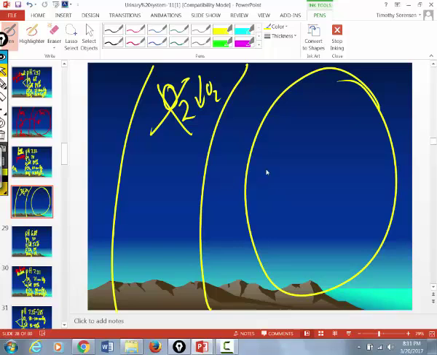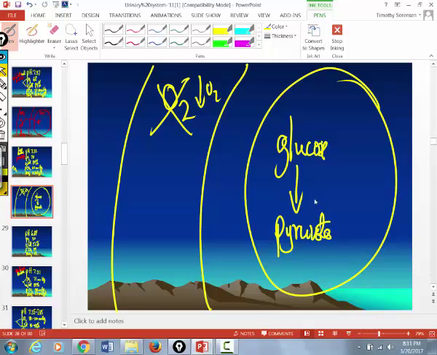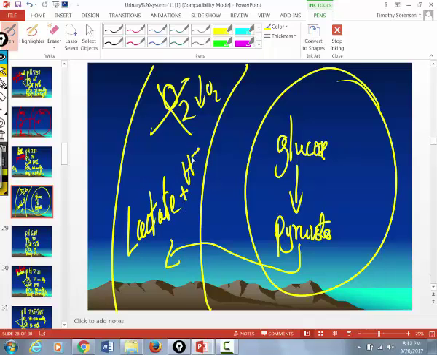They won't make a lot through aerobic metabolism, so glucose to pyruvate will predominate, and some of that will get converted to lactate. That forms a free-floating hydrogen ion, so the bicarbonate level will go down. So this is a metabolic acidosis.